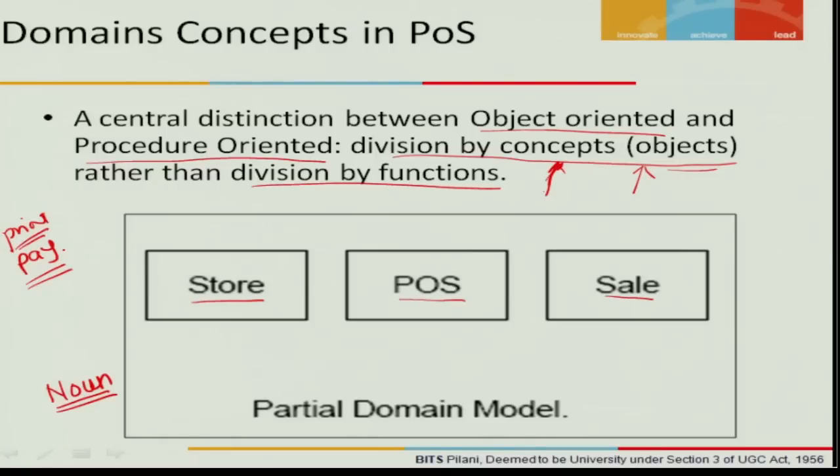Remember that all domain concepts are nouns or noun phrases. Noun phrases means multiple words forming the noun phrase, for example item identifier. Instead of saying only identifier, item identifier is the noun phrase. So every domain concept is a noun or noun phrase.